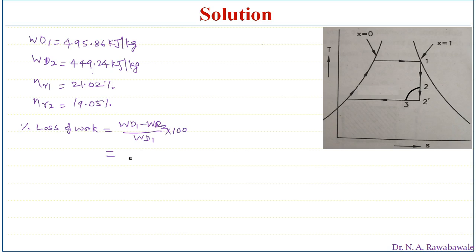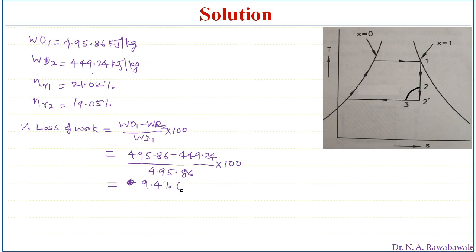The percentage loss of work is 495.86 minus 449.24, divided by 495.86, which is 9.4%.